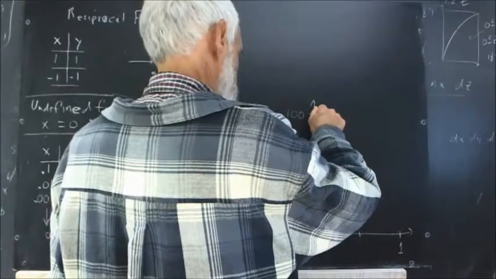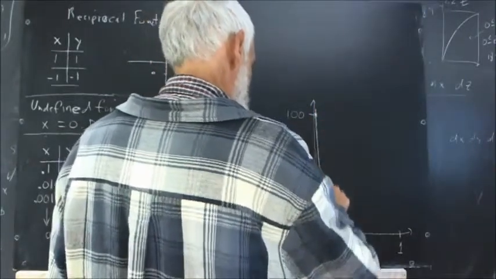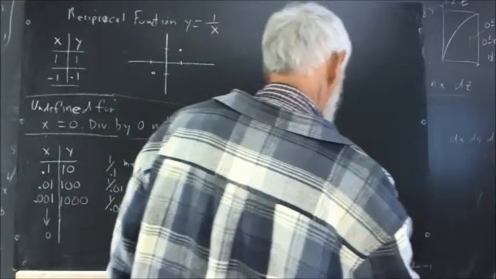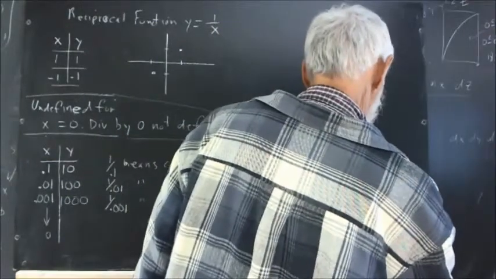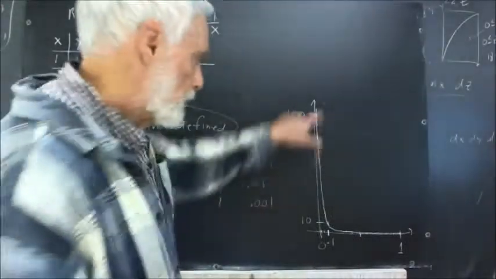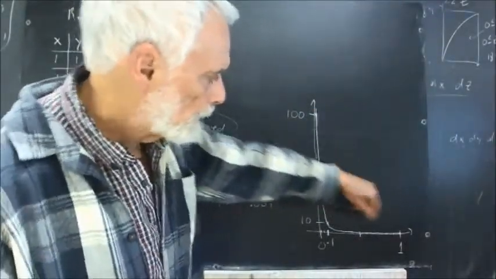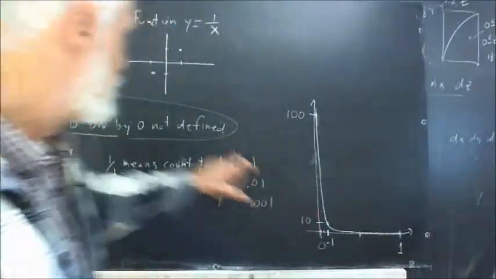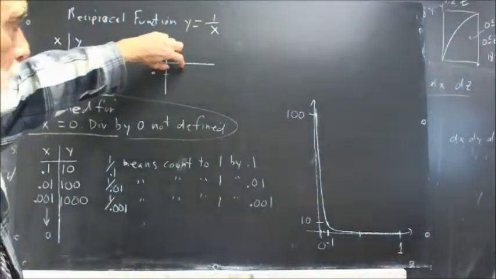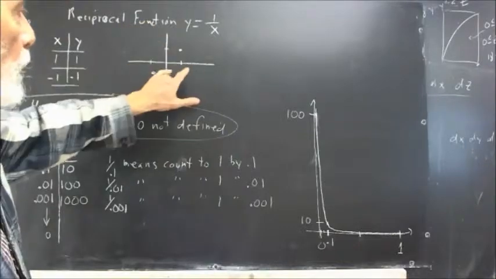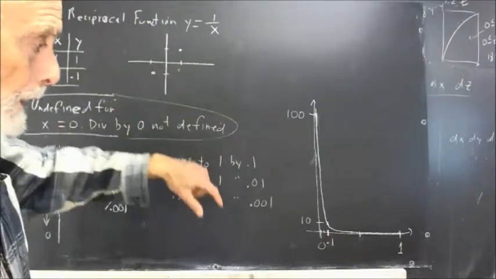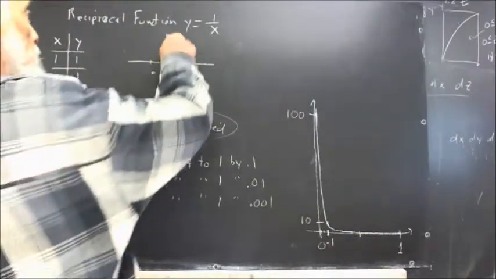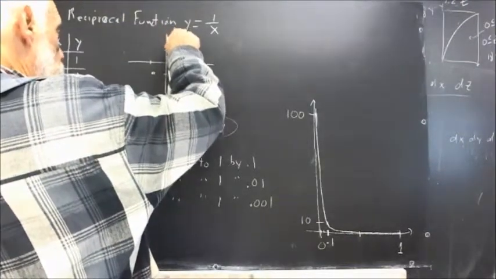So the graph is going to have to look something very much like this, where this point out here is the 0.1, 10. Now, if we bring that over to the scale of this graph, where 1 is much smaller on the x-axis and much larger on the y-axis, the graph is going to end up looking like this.